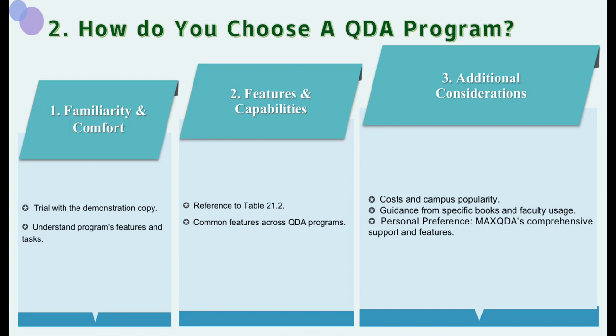You can look into costs and campus popularity, and what programs faculty and faculty advisors use. You might get guidance from the specific books and faculty usage. However, having offered these points, in John's research office, he uses MAXQDA because it has good documentation, support, available videos, and a concept mapping feature.